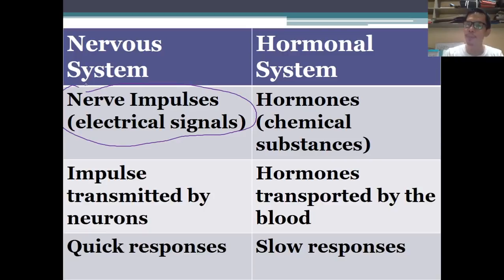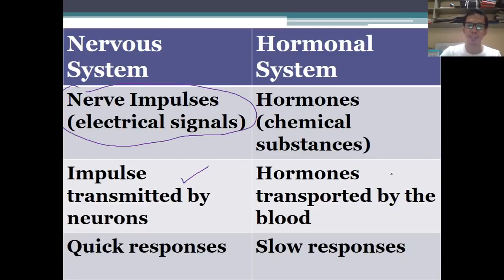Aside from that, even though they are slow, their effect on the body is widespread. Most of them have widespread effects in the body, while others have localized effects. That's the difference between the nervous and the endocrine system. Now, the impulses are transmitted by neurons.